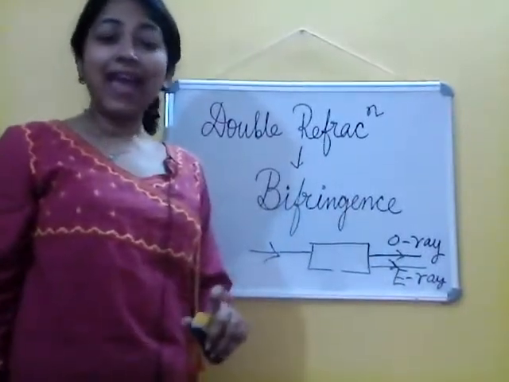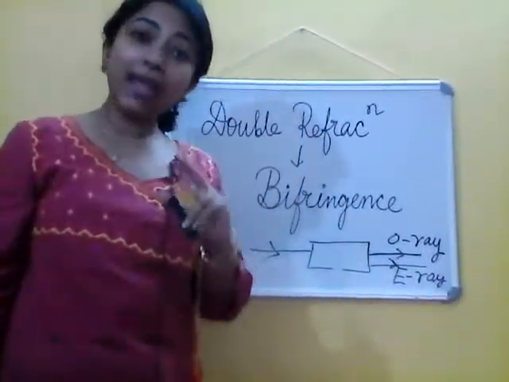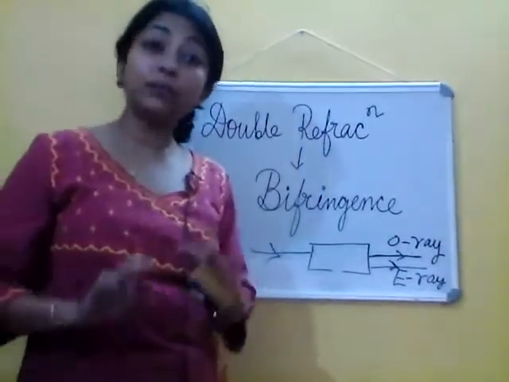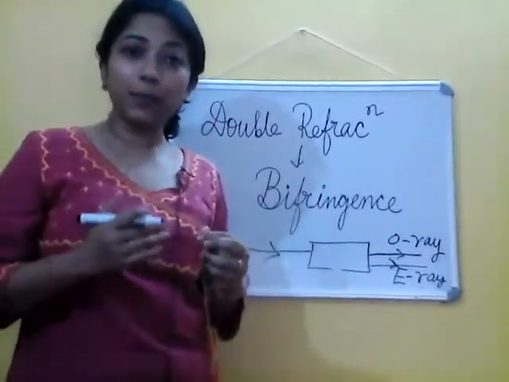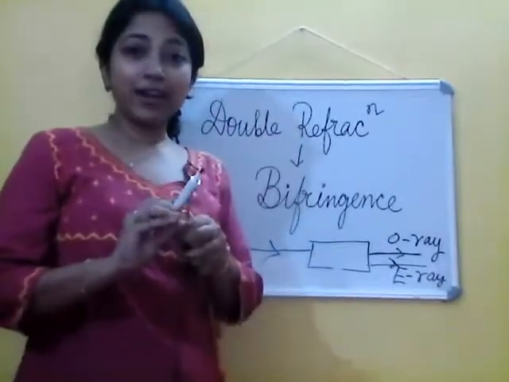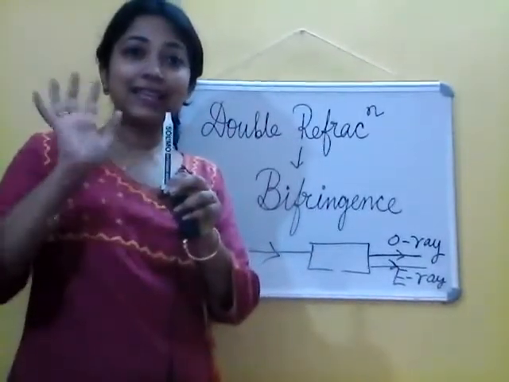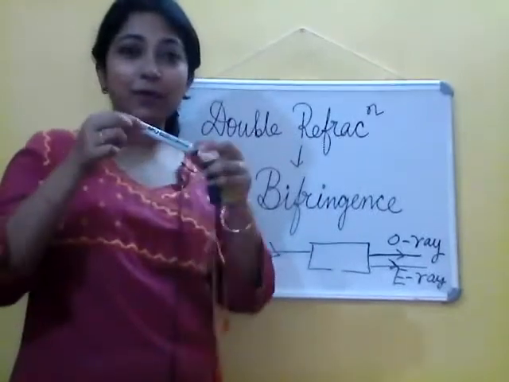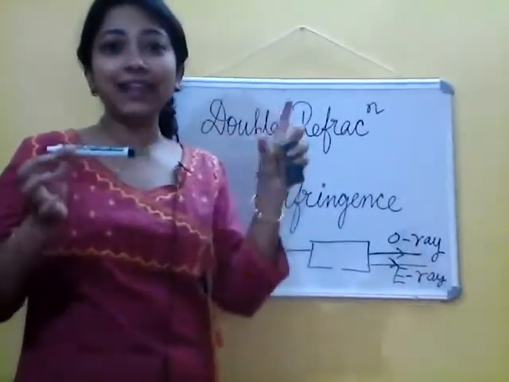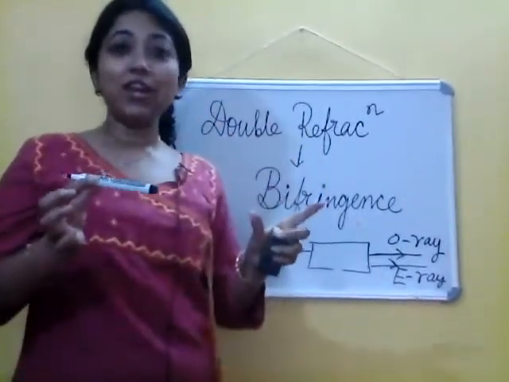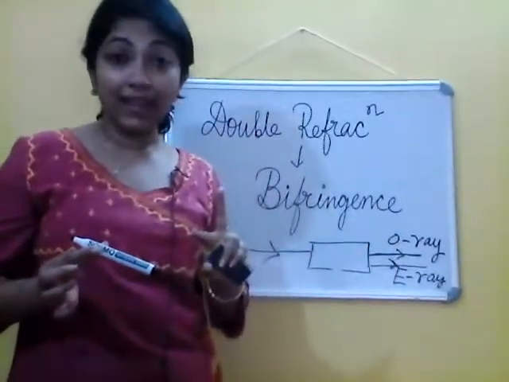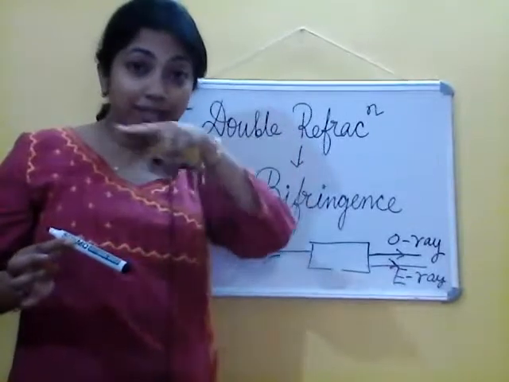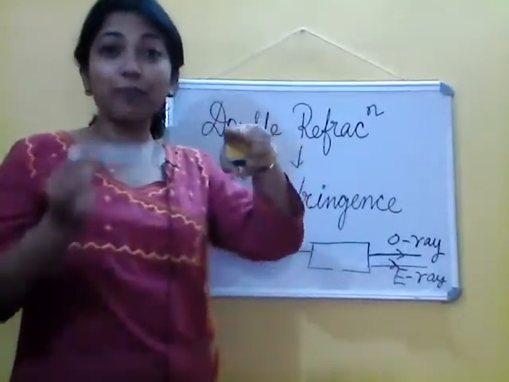So as a result of double refraction, we get an O ray and an E ray. And as I was telling you, both the O ray and the E ray are plane polarized. But the very fascinating fact is, suppose the O ray is plane polarized in this direction, then the E ray will have its electric field oscillating in a direction perpendicular to it. So not only are the O ray and E ray individually plane polarized, the planes of vibration are also perpendicular.